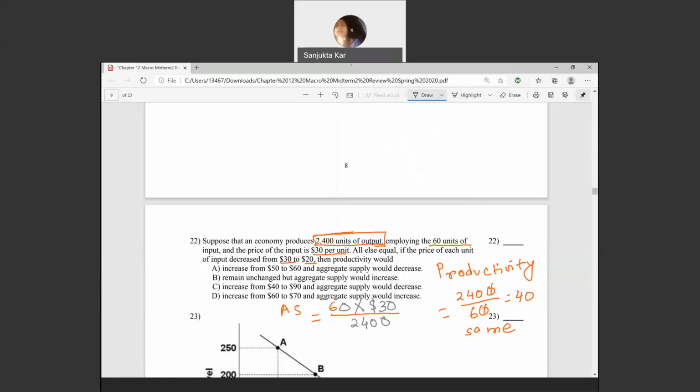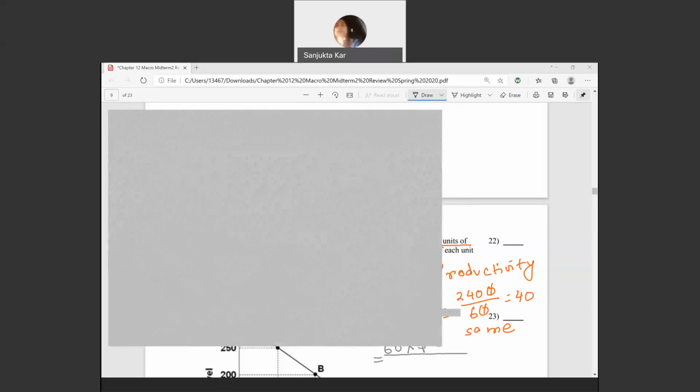We have 60 inputs, the price per input is 30, so the total input cost is 60 times 30. Now aggregate supply 2 is 60 times 20. So what I'm doing is calculating what is called the per unit cost of production.